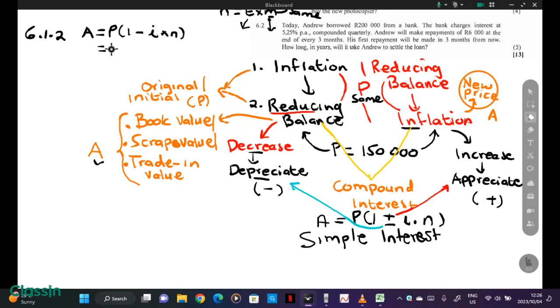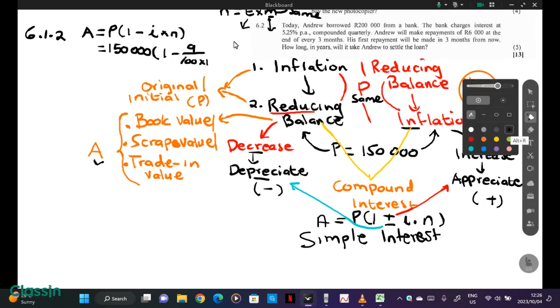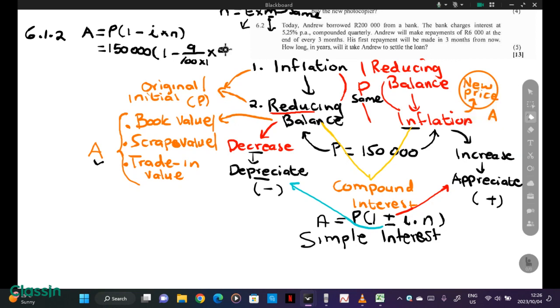And therefore, the value of P, we agreed, is still 150,000. 1 minus the interest rate, in this case they said is 9%, multiplied by 1. Then you multiply it by N again. In this case, our N is going to be 5 multiplied by 1.